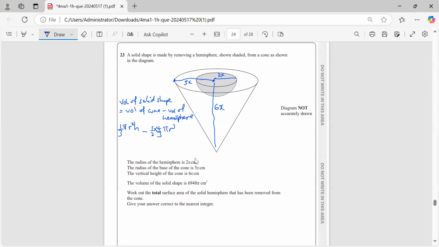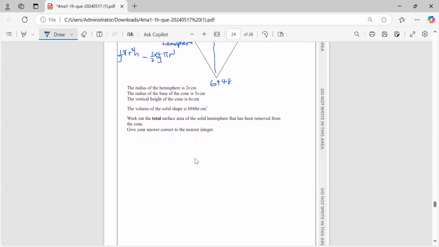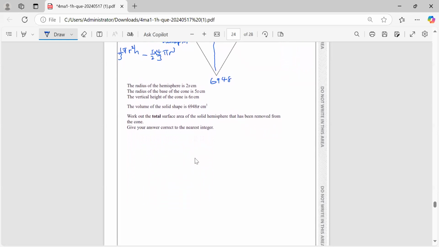If you use this expression, you're going to come up with the volume of the solid shape, which is 6,948. So we're going to use that relationship.